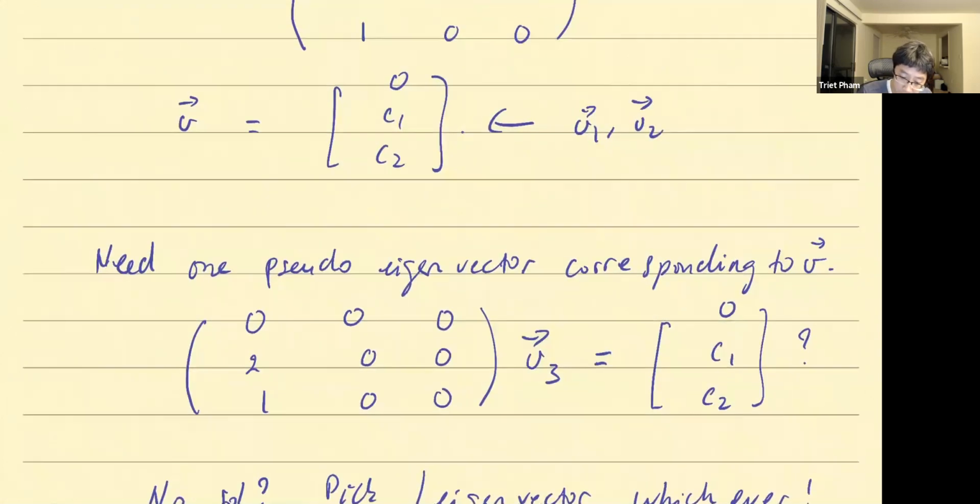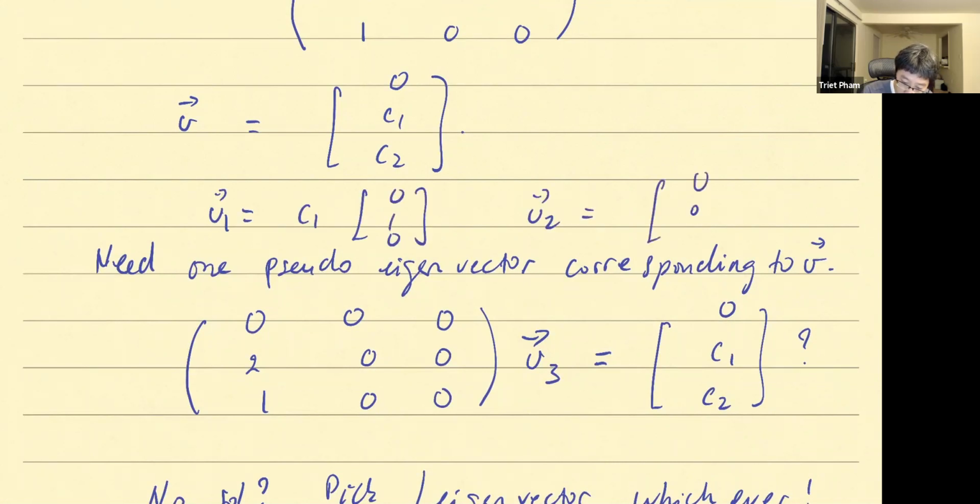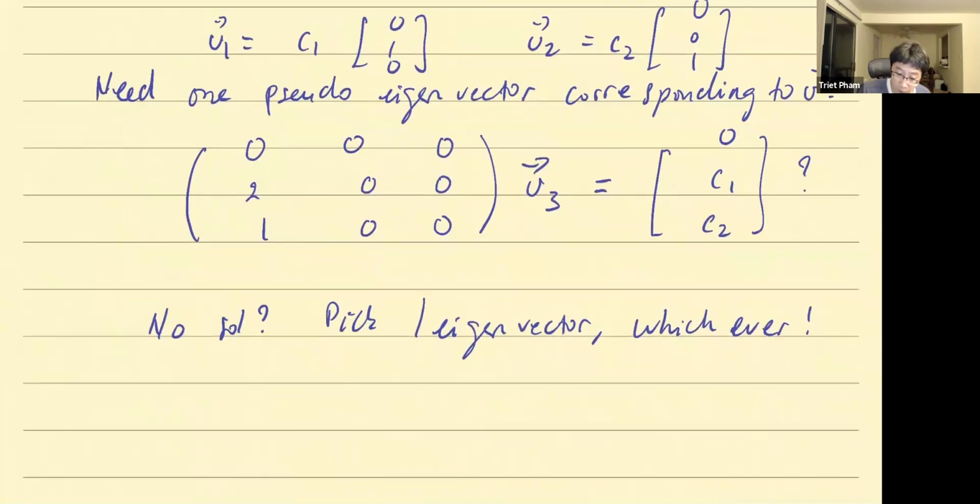So here I should really not be lazy and write V1 is C1, 0, 1, 0, and then V2 is 0, 0, 1. And pick whichever one. Let me pick V1.